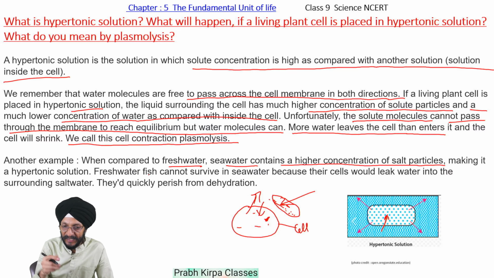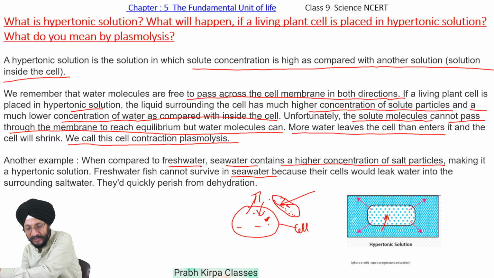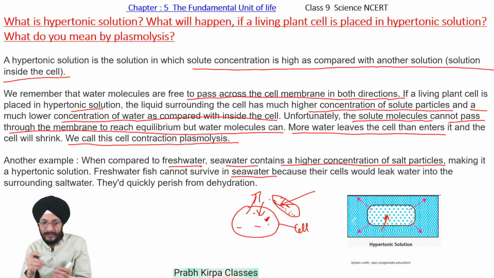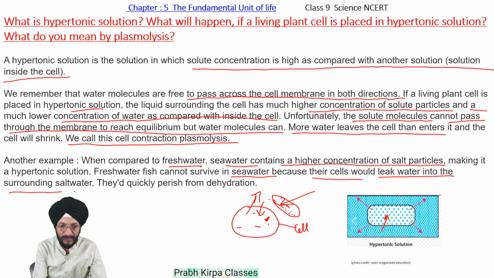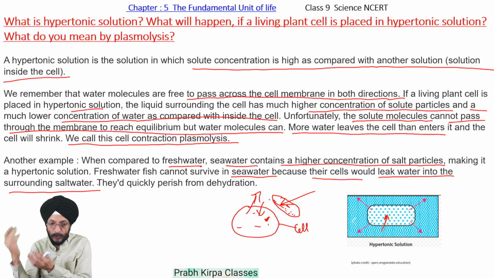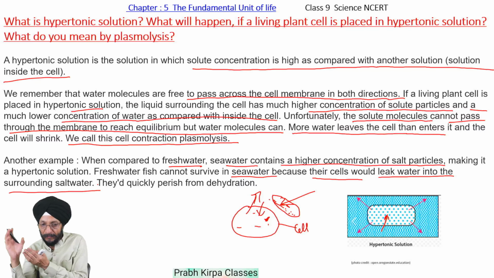Freshwater fish, any fish which is found in the fresh water, cannot survive in the seawater. If you take a freshwater fish and put it in the seawater, it cannot survive because their cells would leak water into the surrounding salt water, because outside there will be more solute, there will be less concentration of water outside.